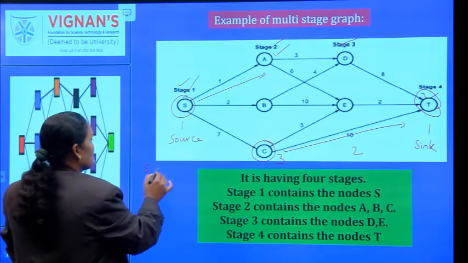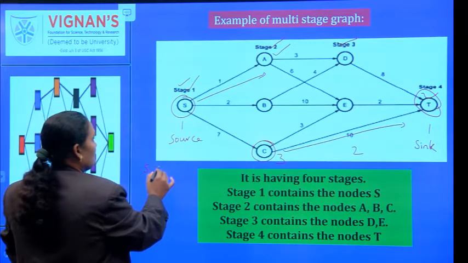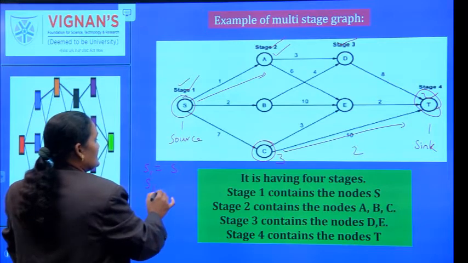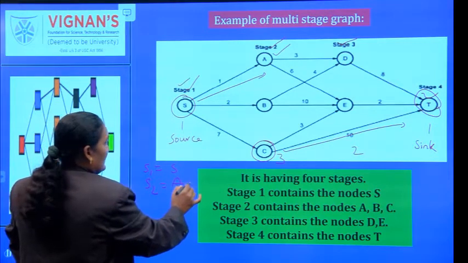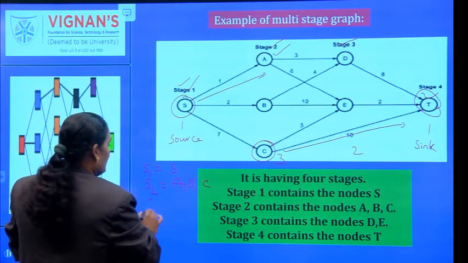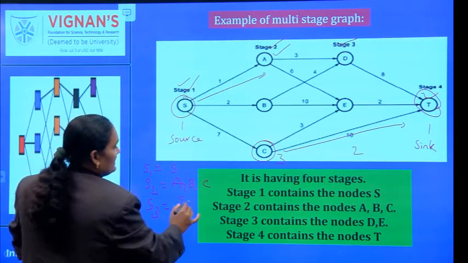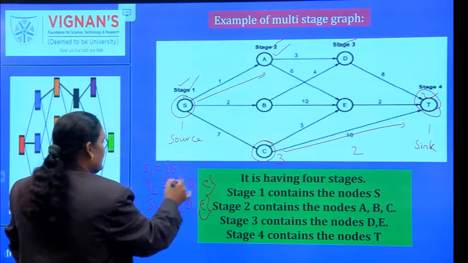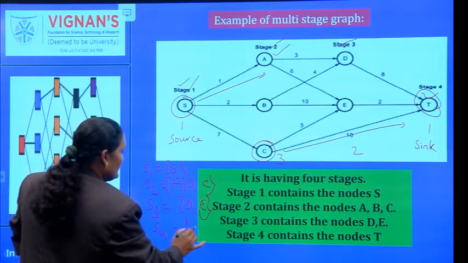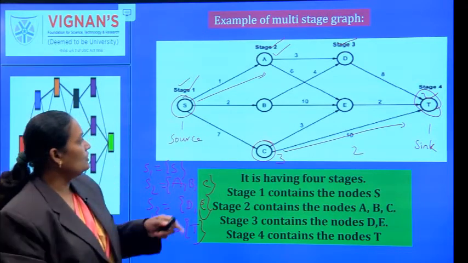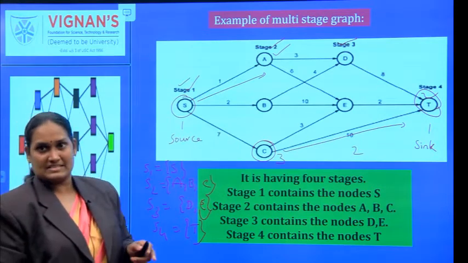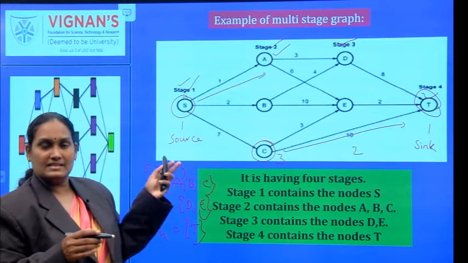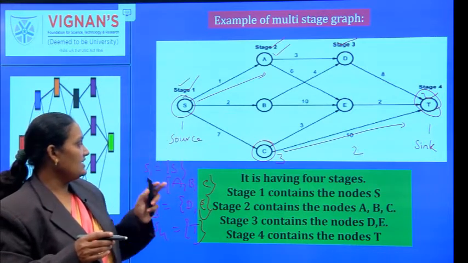The first subset S1 is equal to S, the second subset S2 is equal to A, B, C, the third subset S3 is equal to D, E, and the fourth subset S4 is equal to T. Since it satisfies all the properties, we can say that this graph is a multi-stage graph.